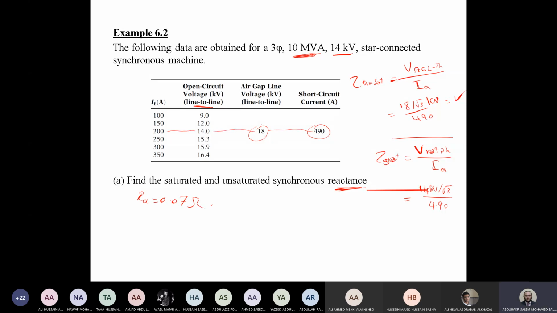If you would like to size a miniature breaker for your load, for instance, you have an iron or heater, and this heater draws a current of 25 ampere, and this is the rated current of the machine.